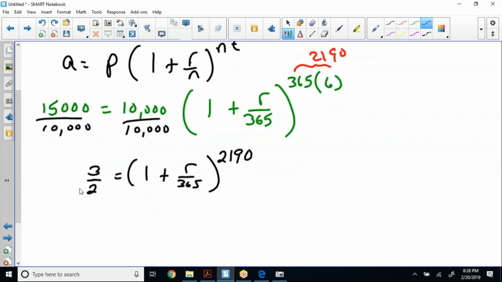Here's the kicker. In order to get rid of the 2190 power, you've got to take 3/2 and take it to the 2190 root.